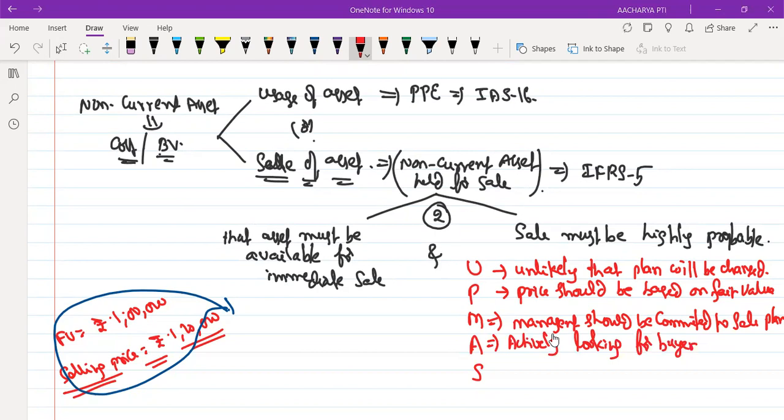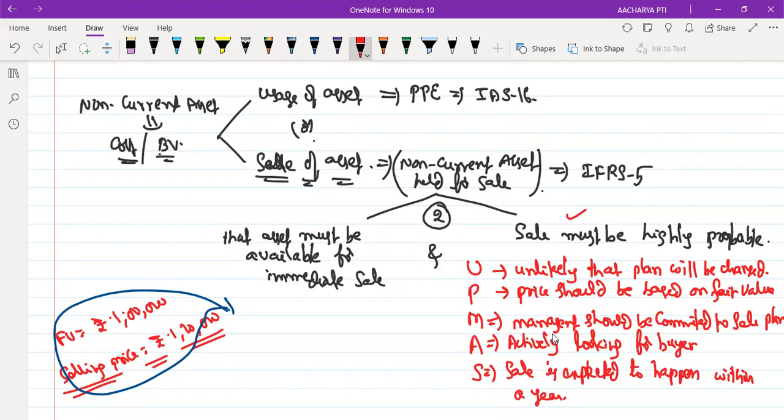And the fourth one is, we are actively looking for a buyer, and the last one is sale is expected to happen within a year. If these conditions are satisfied, then we say that sale must be highly probable.